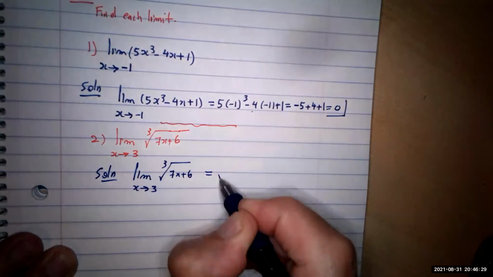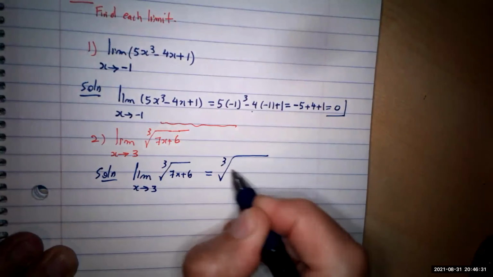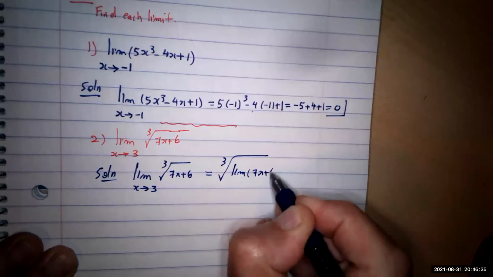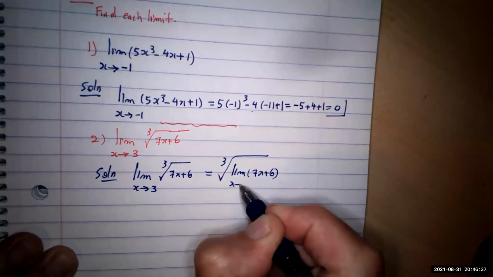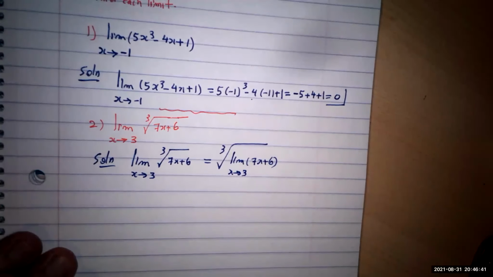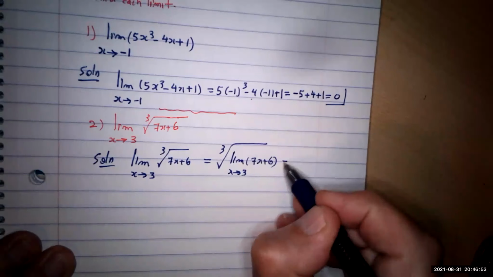You go inside, it's the cube root of the limit of 7x plus 6 when x goes to 3. What type of function is 7x plus 6? Is that also a polynomial? Yes, it's a polynomial. And you know that for the limit of the polynomial, we substitute.